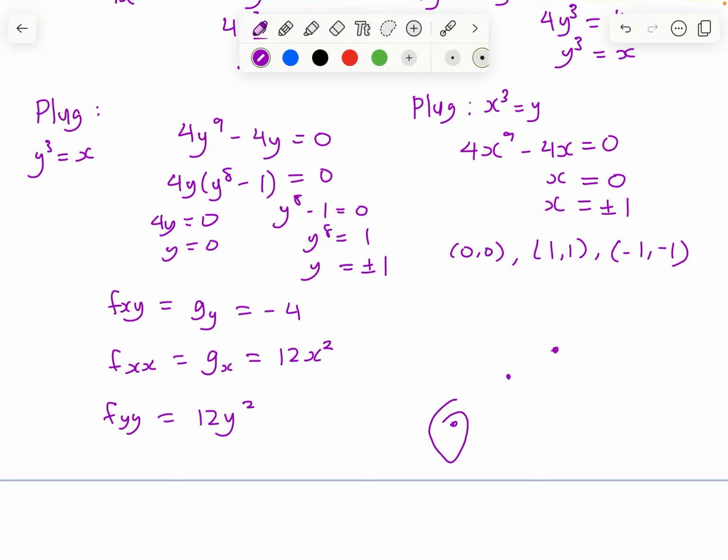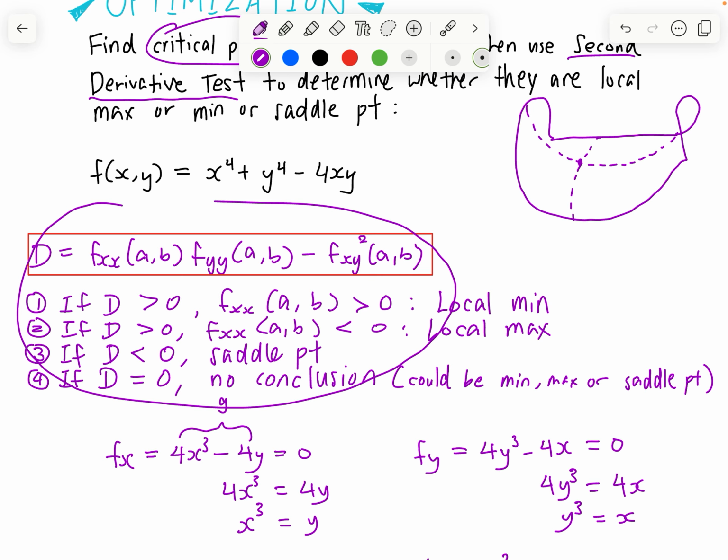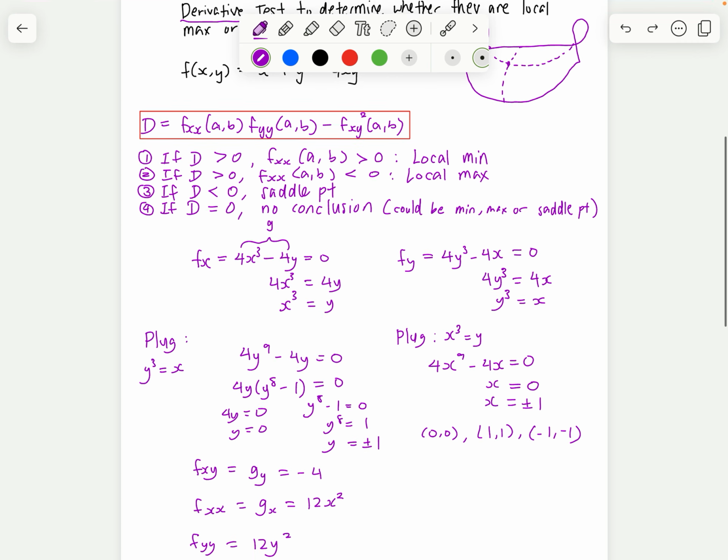So we want to basically determine what these points mean, because we want to know if it's a max or min or saddle point. So then we would use this formula that we're given, and then we plug each of the points in and see if the discriminant is positive or negative, or equal to 0.